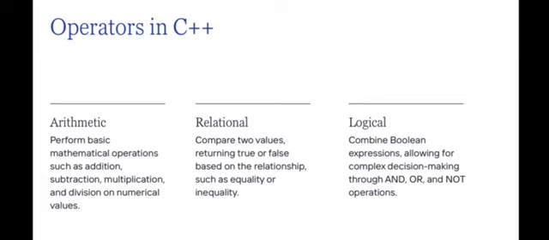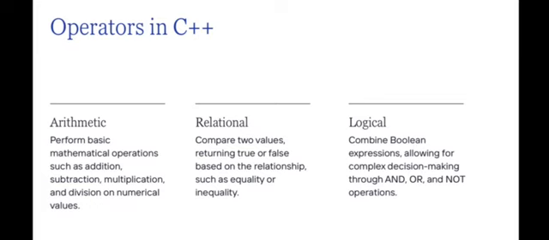Relational operators such as double equal to, less than, and greater than compare two values and return a Boolean result, either true or false. Logical operators like and, or, and not allow us to combine or reverse conditions in decision-making statements.